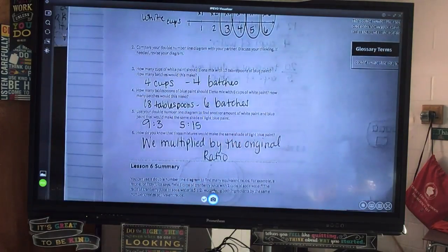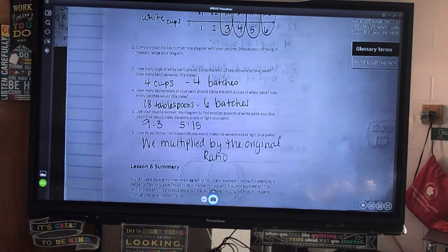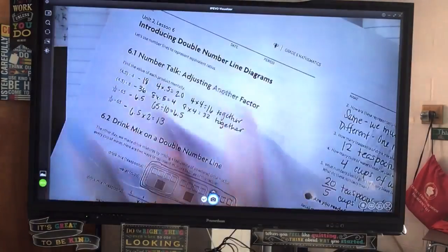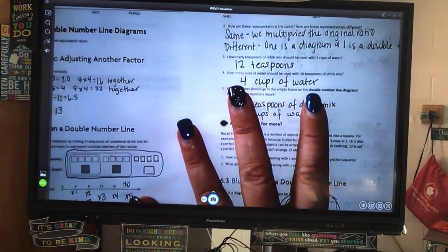Okay. Questions about a double number line? Do you have to use a double number line? No. Now, I am going to let you know, your cool down today is assessing you on a double number line because that was what our lesson was about today. I'm going to allow you to look at your lesson notes to help you with your cool down if you need.